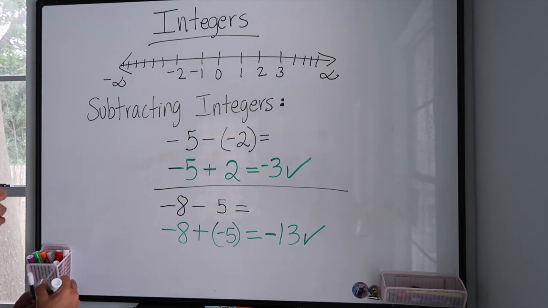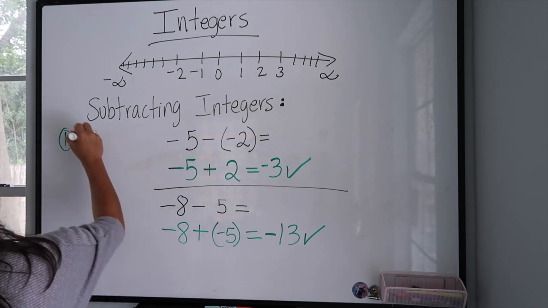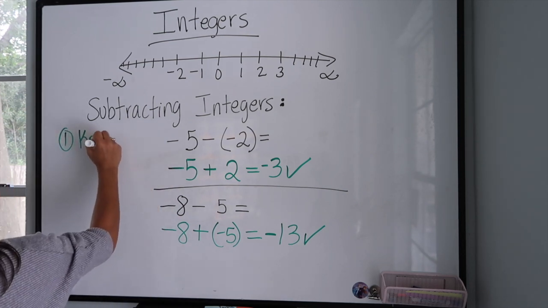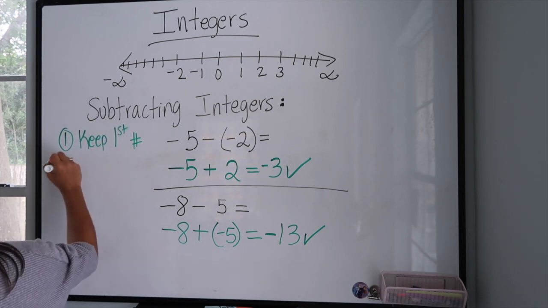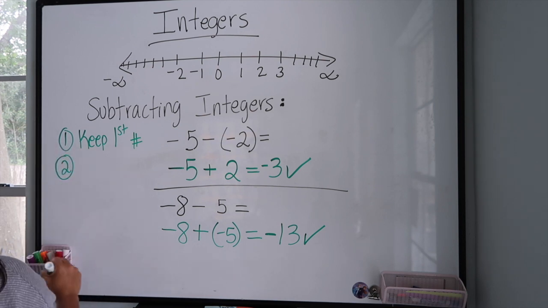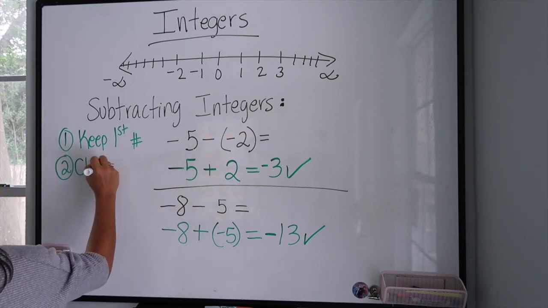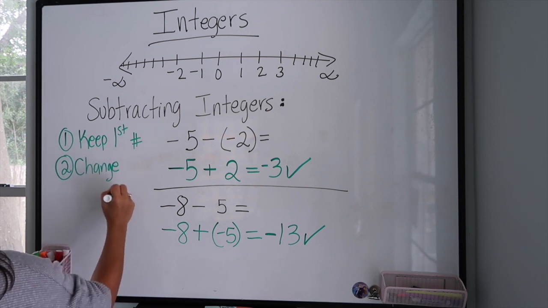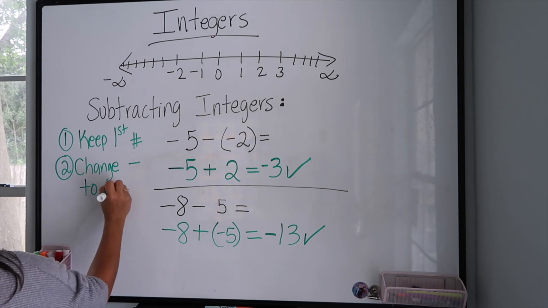So let's just briefly review the steps. Keep the first number the same. The second step is change. You're gonna change your negative to a plus.